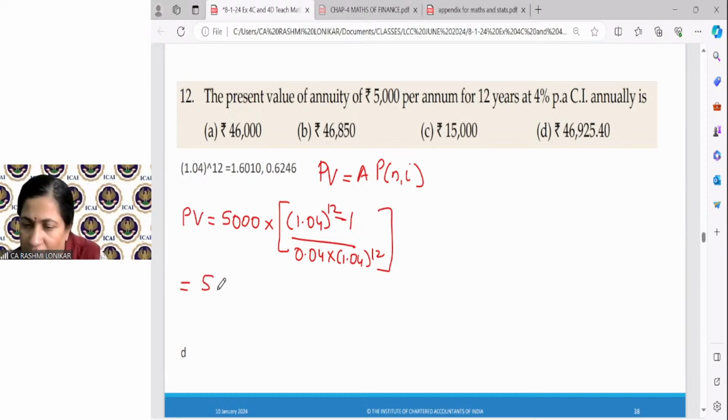Now this is 5,000 into 1.04 raised to 12 is 1.6010, upon 0.04 into 1.6010 minus 1.